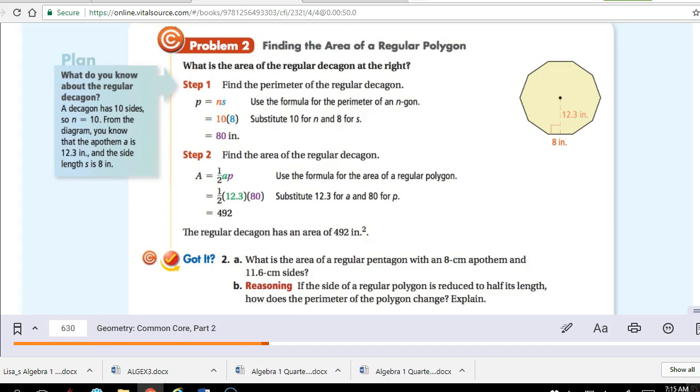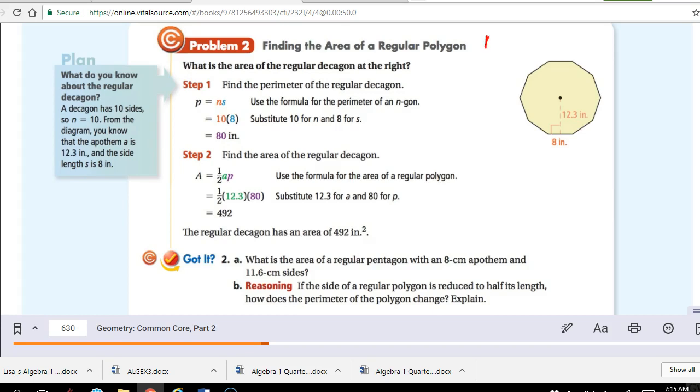And in this particular one, in problem 2 here, this example, if I'm trying to find the area of a regular decagon, which is a 10-sided figure over here at the right, then of course, first of all, I need to find the perimeter, because remember, there's two things I need to know if I'm going to use that formula.